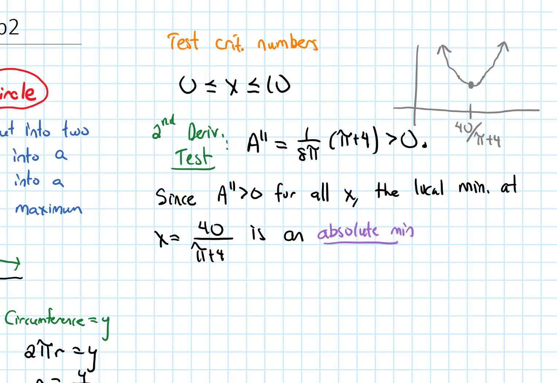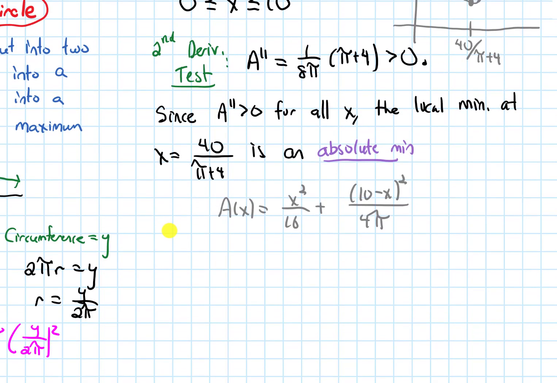So the question wanted to know, what is the minimum area? At least that's part of it. So let's recall our area function. Our area function was x squared over 16 plus 10 minus x squared over 4 pi. So our minimum area is going to be this when I plug in 40 over pi plus 4.